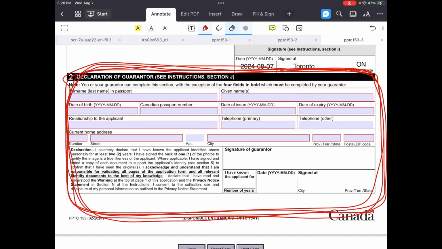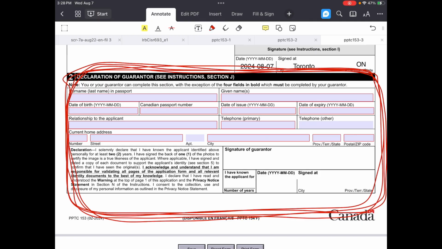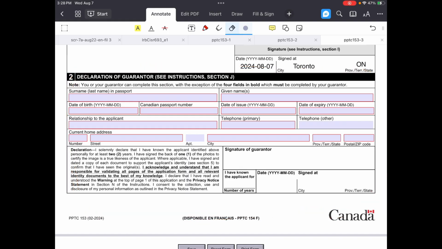Also keep in mind that your guarantor, the person whose information will be included in this paragraph right here, must sign on the back of one of your two pictures that you must attach to this application when you're applying for Canadian citizenship. I have already made a video about the documents that you need to apply for a Canadian passport. Feel free to check that out.